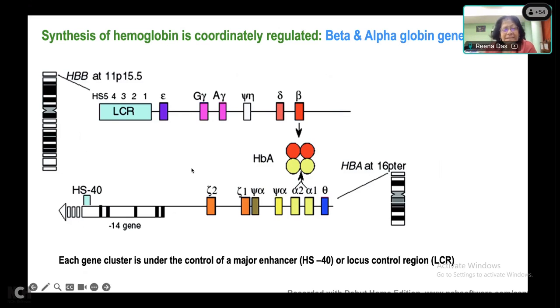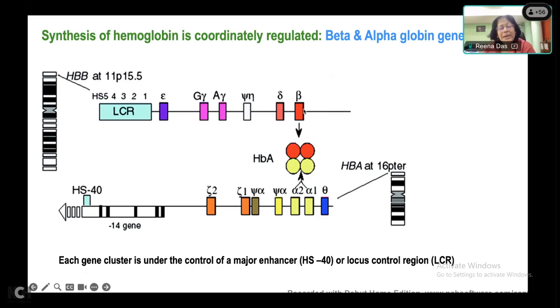You can see that these various different types of globin genes are there. So you have the epsilon, then the G gamma, the A gamma, and there is a pseudogene in between the A gamma and the delta, and then you have the beta.